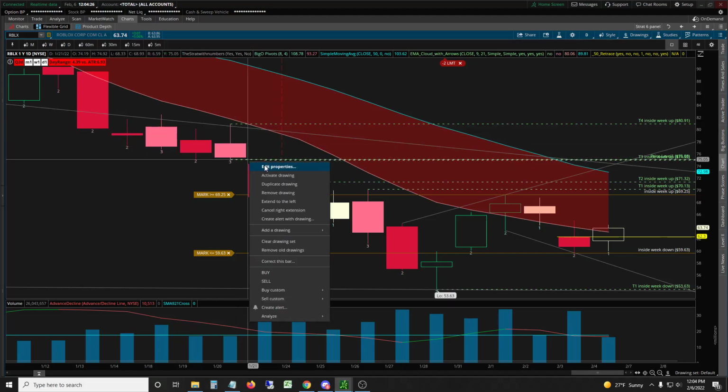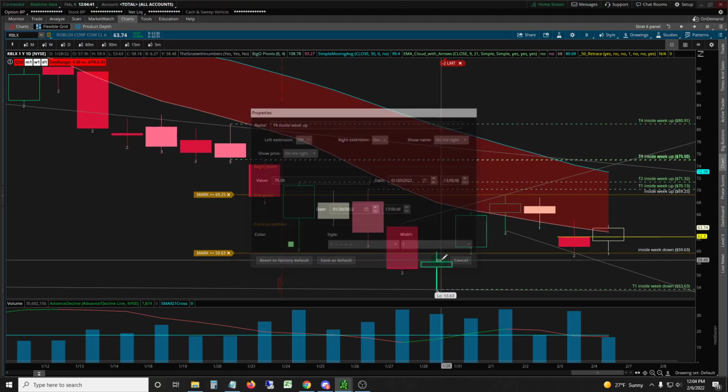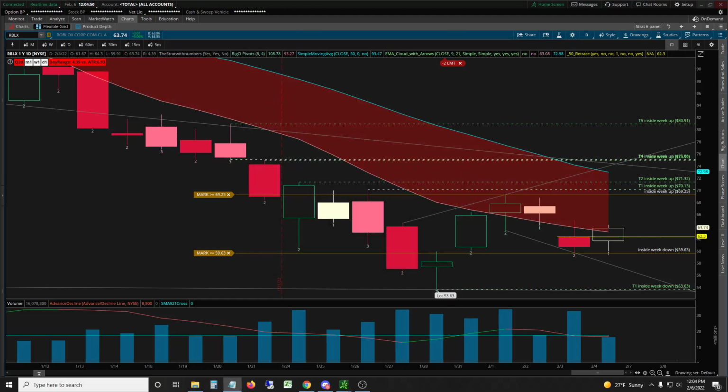So let me go ahead and put this one in here. T4 inside week up. Okay. Now this one will be target 5. So now let me change that on here.